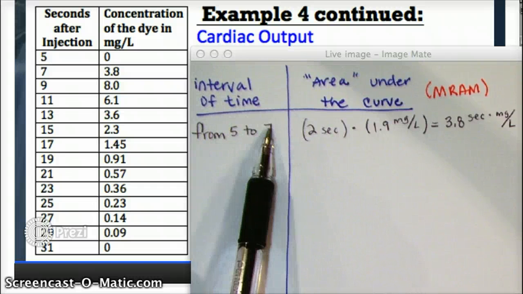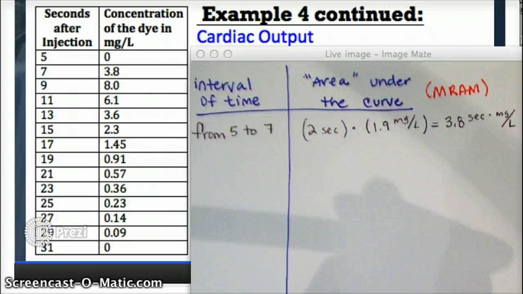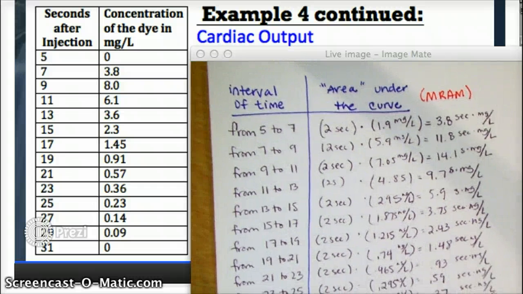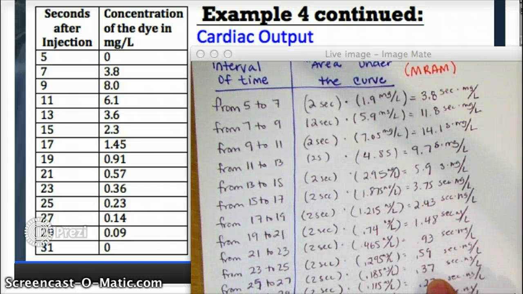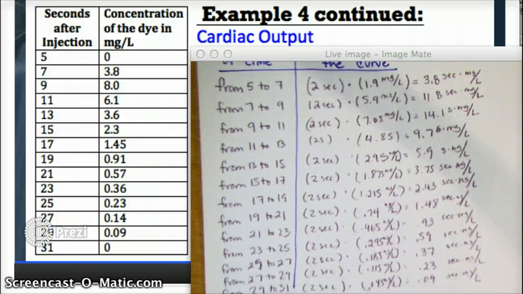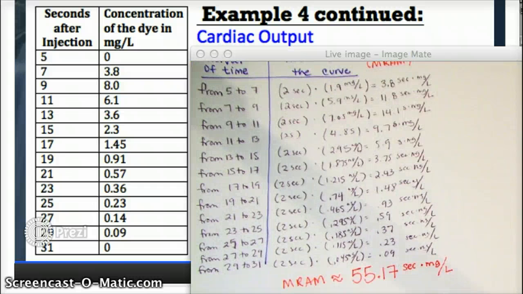So let's repeat this process for each of the other intervals. It would look something like this. And then when we take all of these areas of each of these rectangles, we add them all up, and we get a total quantity. And this number 55.17, which is the sum of all these rectangles, somehow represents the area under this curve.